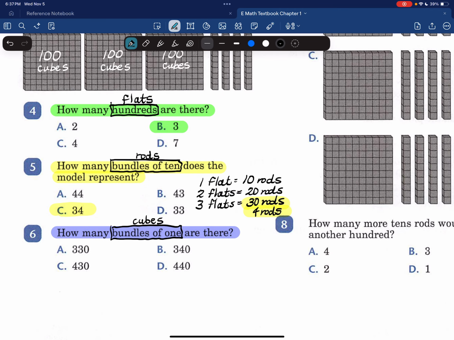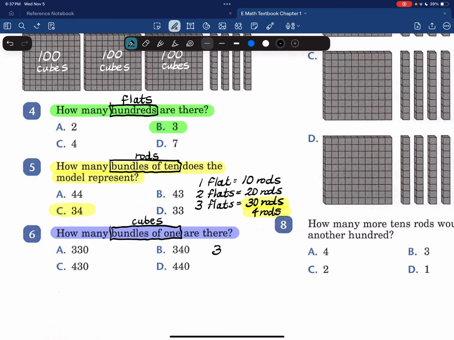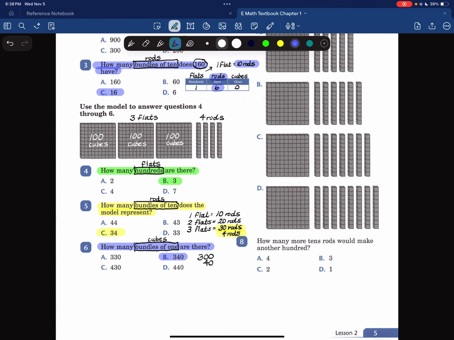That would be 300 plus 4 rods, that's 40. And total that would be 340 of those cubes. Little bundles of 1 cube. There are a lot of them. I would much rather count rods and flats than individual cubes.